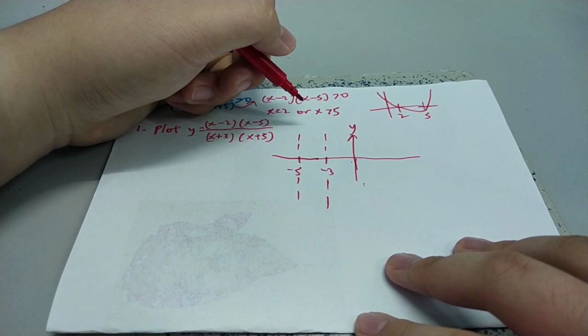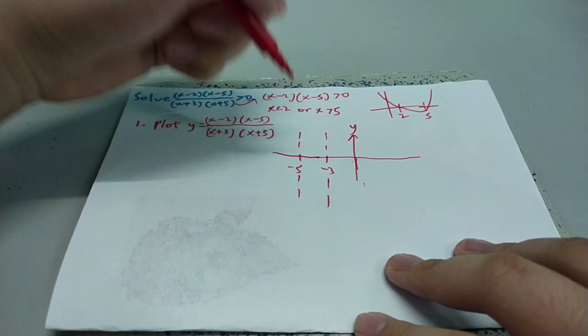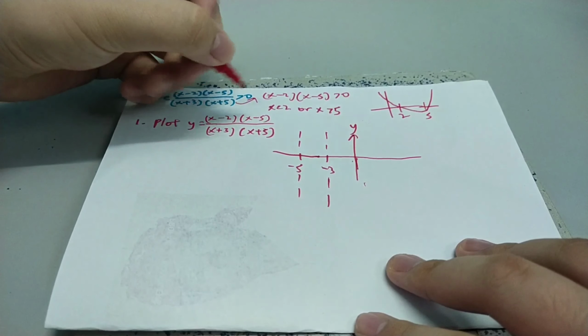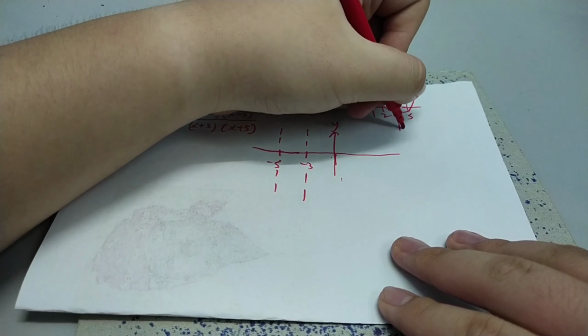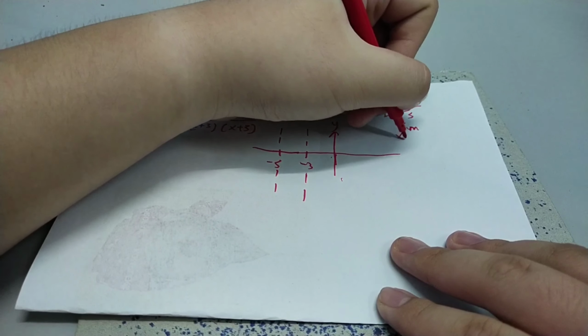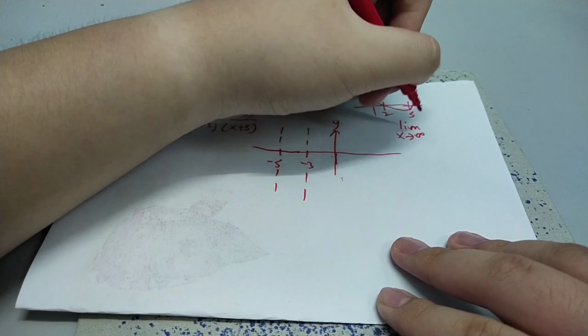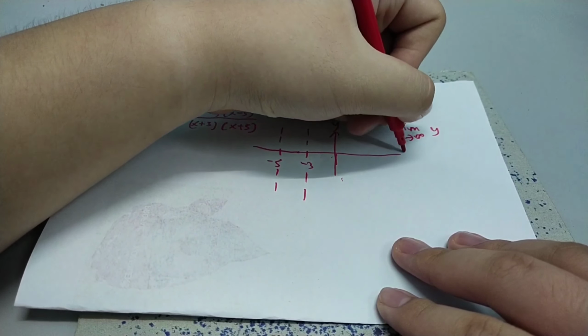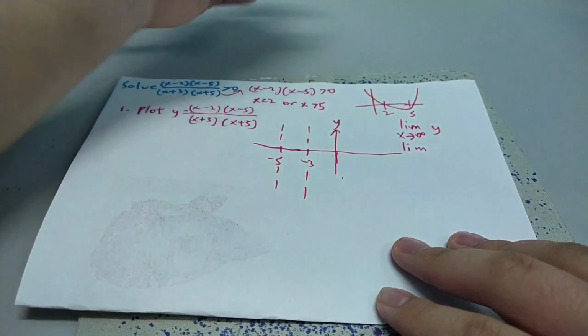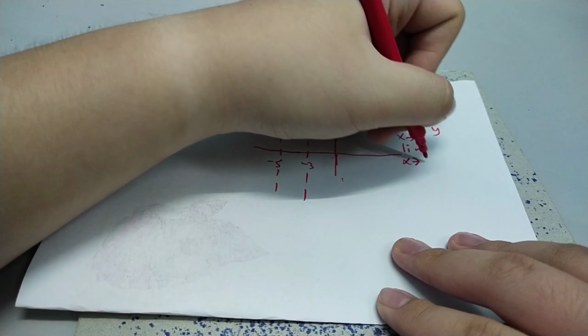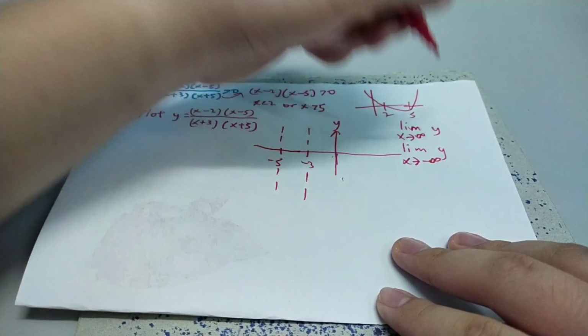And then what you're going to find is the horizontal asymptote. In order to find the horizontal asymptote, you are going to take the limit as x approaches infinity of y, or the limit as x approaches negative infinity of y.